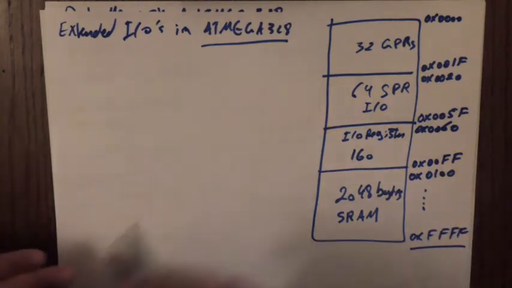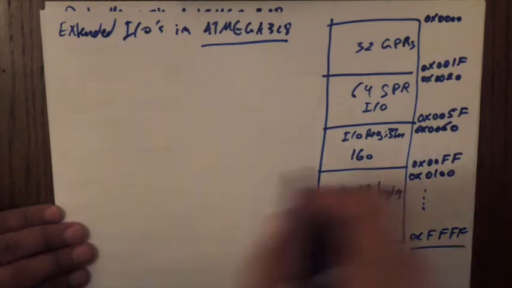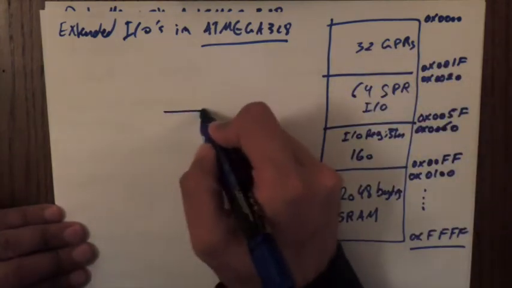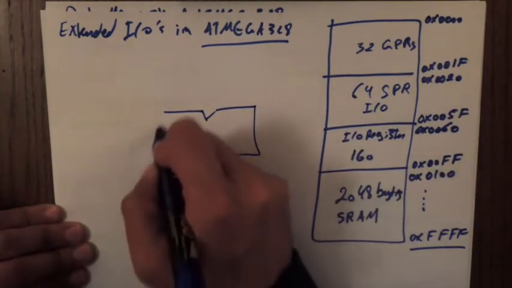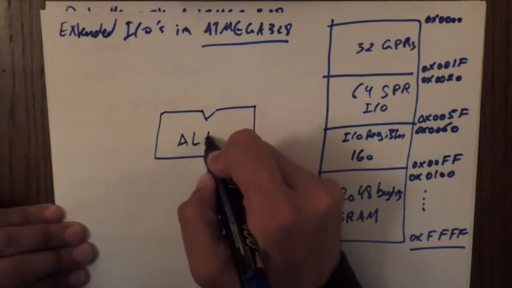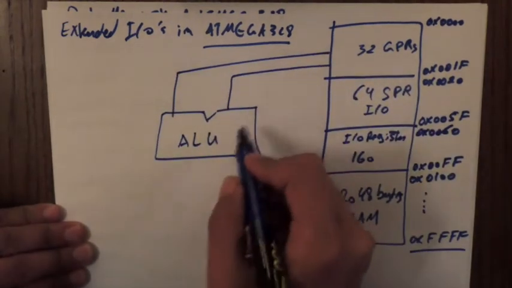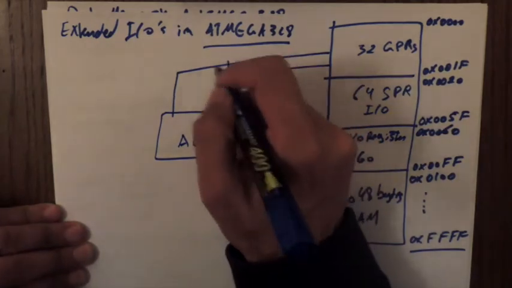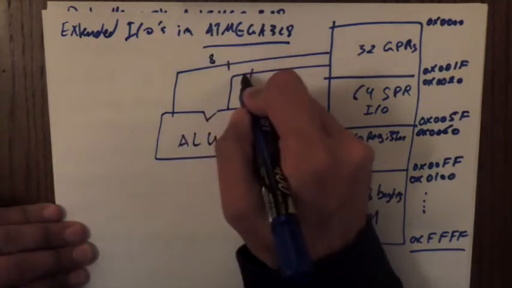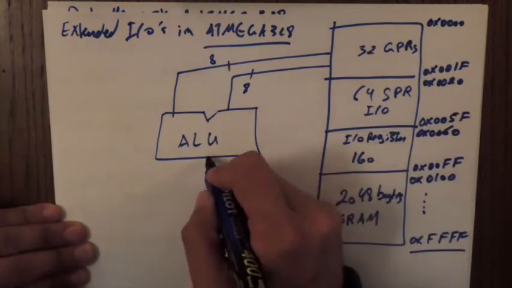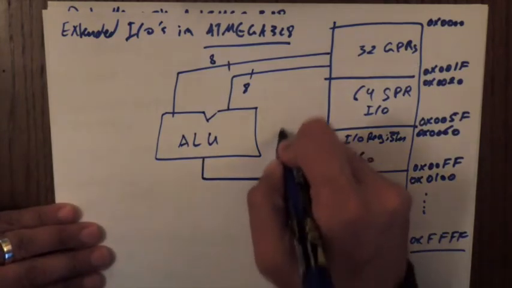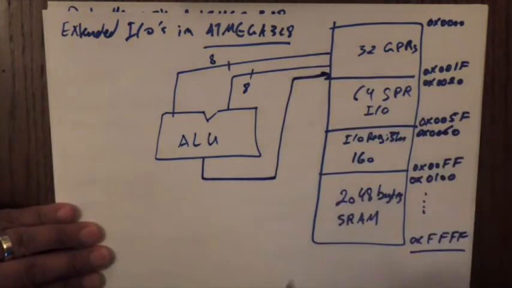So now if I want to draw the memory, we have the ALU, and this ALU talks to or takes inputs from the GPRs, and then it returns the value to the GPR again.